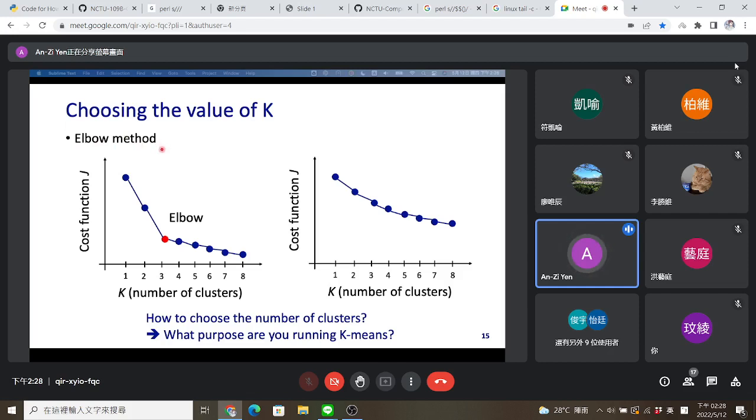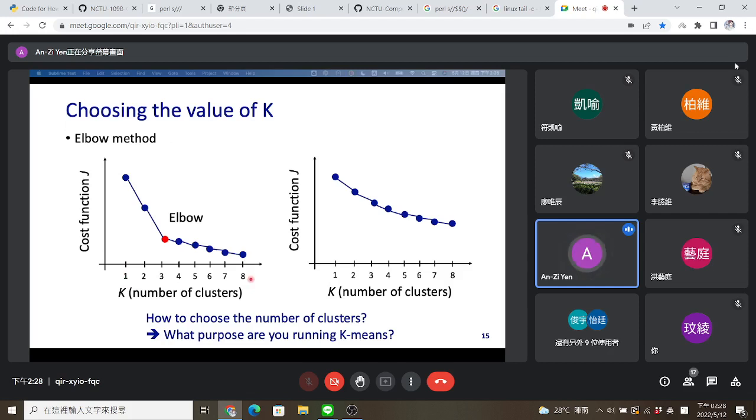What we are going to do is vary k, which is the total number of clusters, and we are going to run k-means from one cluster up to the maximum that we set. So for example, we choose k equal to 1 up to k equal to 8.